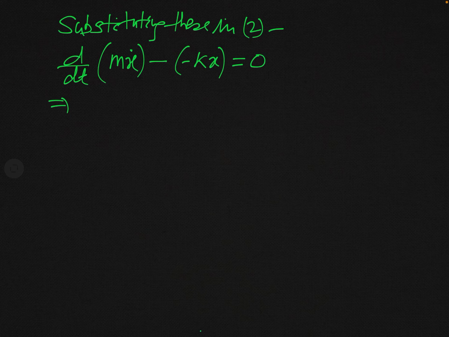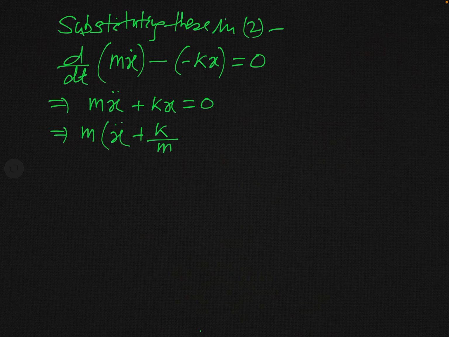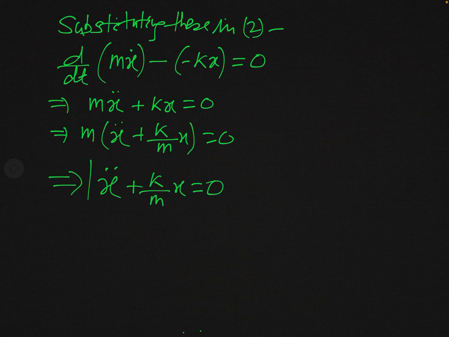Now m is constant, so d dt will be operated on x dot, and so it will be m x double dot, and this minus minus will be plus kx equal to 0. Taking m as a common factor, this will be x double dot plus k over m times x equal to 0. As m is not 0, we can say this is x double dot plus k over m times x equal to 0.